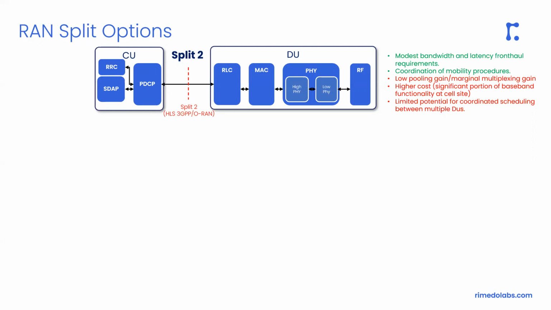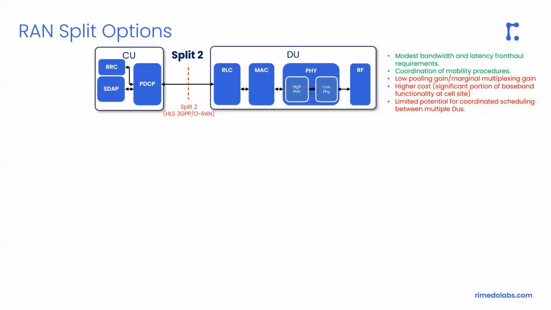This is also called higher layer split because it's higher layer in the protocol stack. Whereas on the right-hand side with the distributed unit, we have radio link control, MAC, physical layer, and the RF part. In that case, we are able to have the split with one CU handling multiple DUs using the dual connectivity concept in a manner that is handled by a single base station.